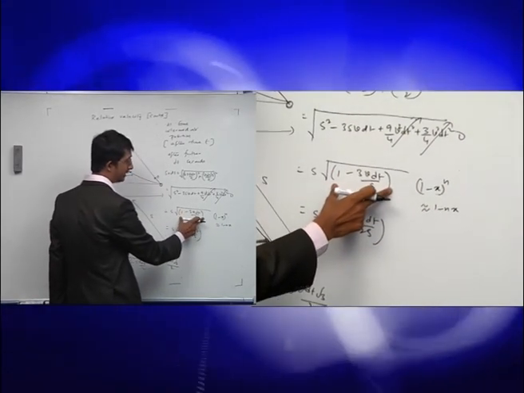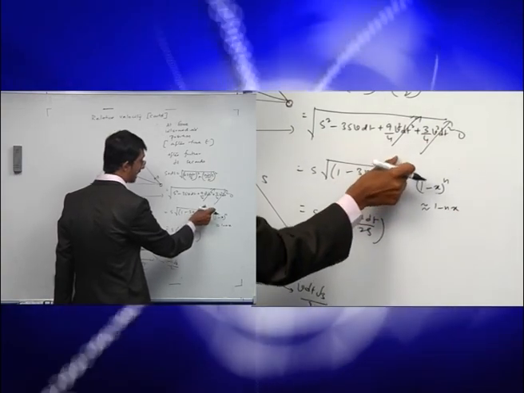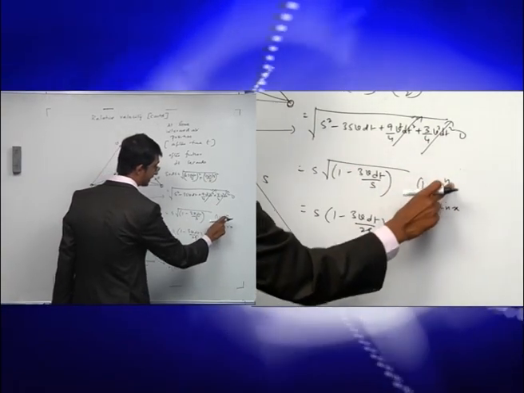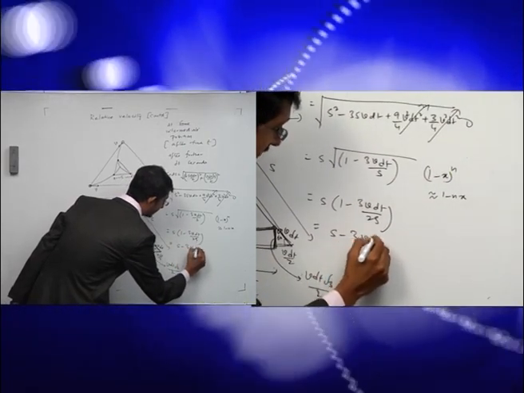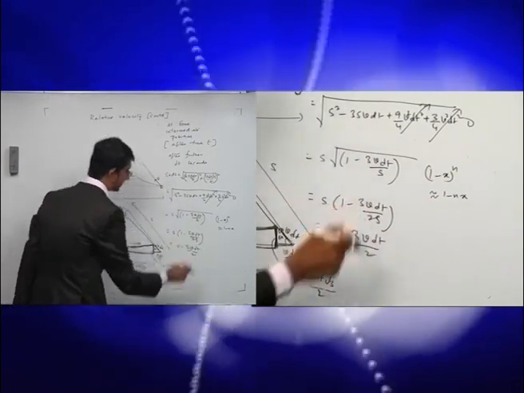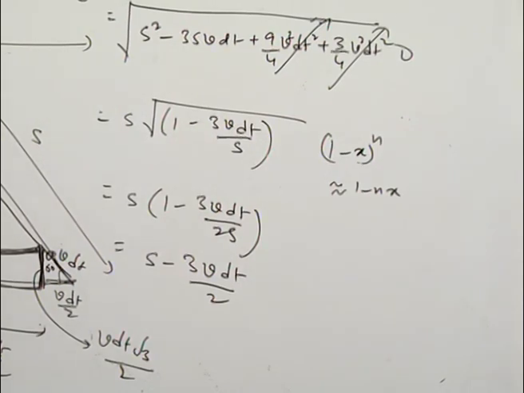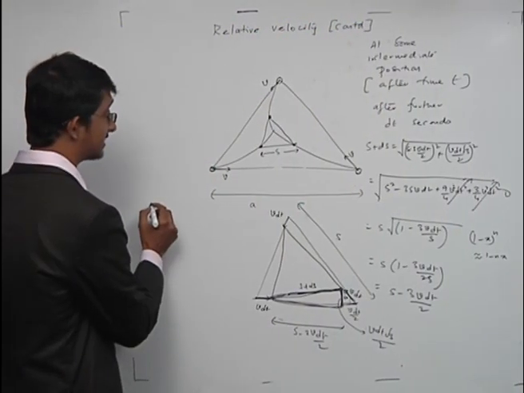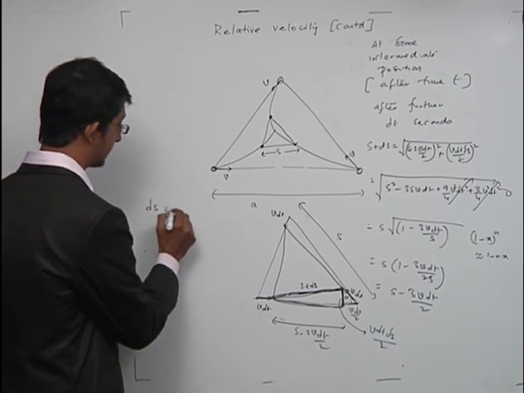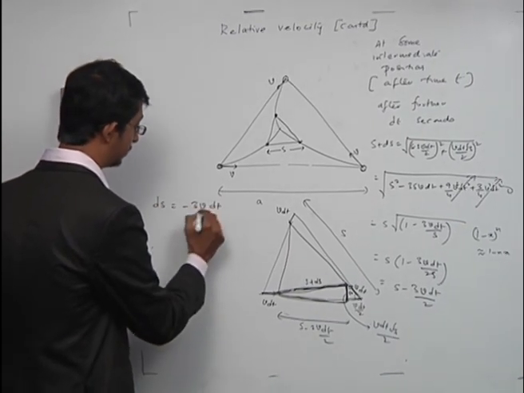This is 1 minus 3v dt by s whole power half. The half has come and multiplied this. Whatever is n, it comes and multiplies it. So I can write it as s minus 3v dt by 2. I have taken s inside. So s plus ds, we are getting it as s minus 3v dt by 2. From there, I can cancel s on both sides. So ds is minus 3v dt by 2.